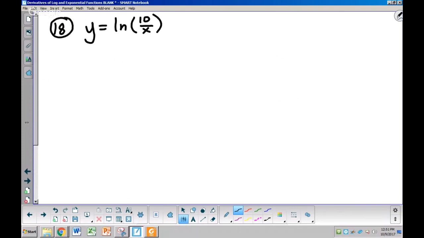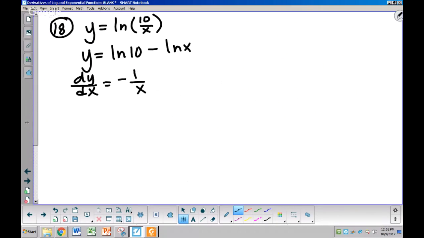Ln of the top minus ln of the bottom. So I'd rewrite this first as the natural log of 10, which is just a constant, minus the natural log of x. And now I would take the derivative. dy dx, the derivative of the natural log of 10 is 0, and the derivative of natural log of x is 1 over x. So it's negative 1 over x. So that looked a lot scarier than it was.